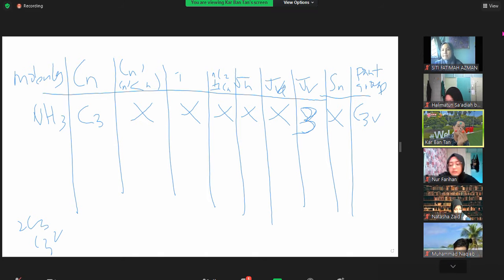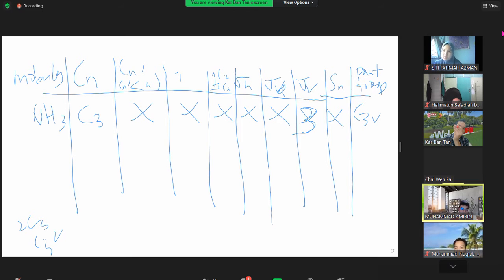Okay, if you look at this one, right, it could be CH3Cl or CH3Br. In this case, what will be the point group for this CH3Br? C3V.